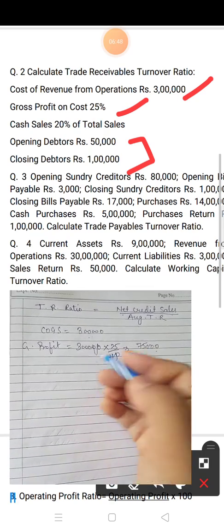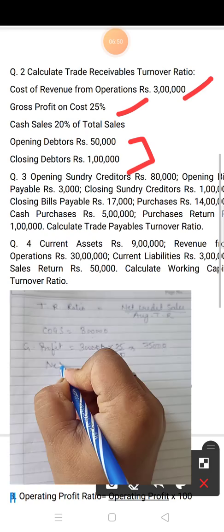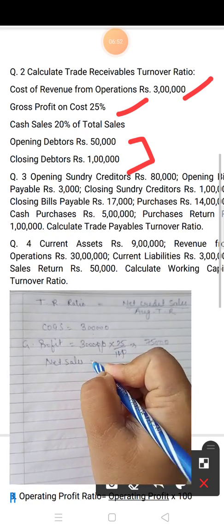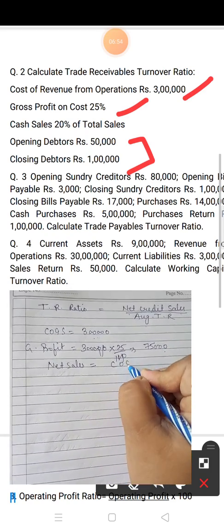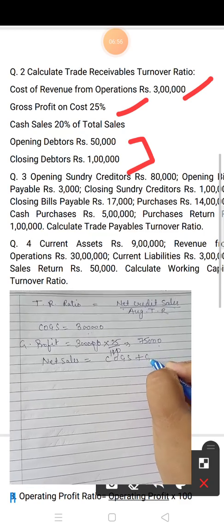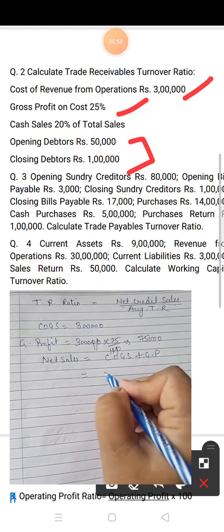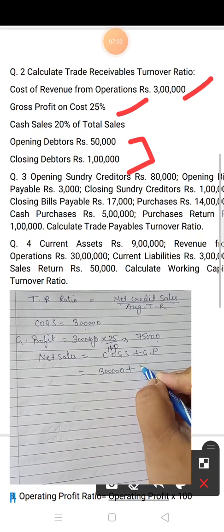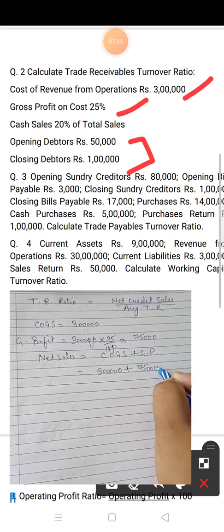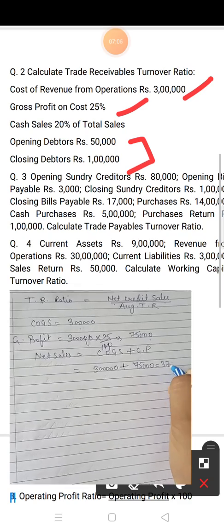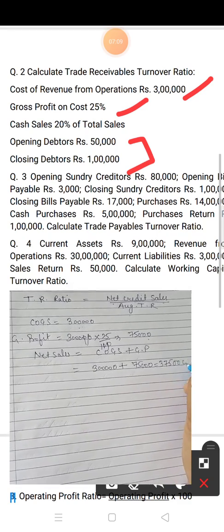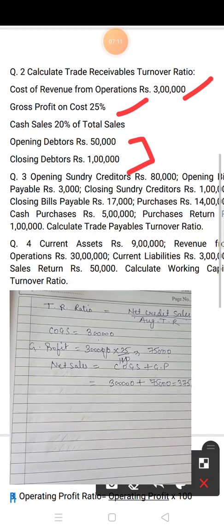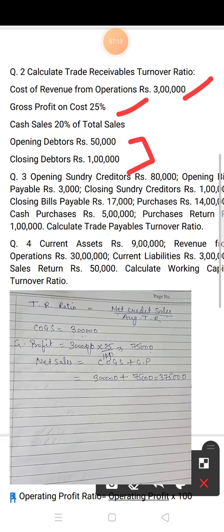This is the gross profit. Now net sale, it means revenue from operation, is equal to cost plus gross profit. So COGS is 3 lakh plus profit 75,000. So it means net sale is 3,75,000.